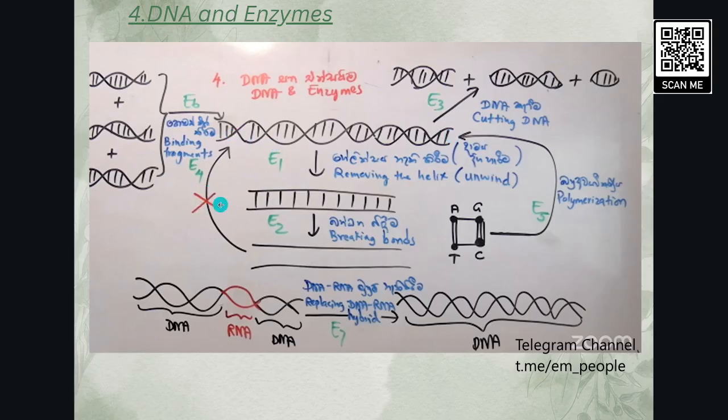We also use some enzymes. And then we know that DNA molecules are formed from polymerization of nitrogenous bases, right? For polymerization we also need enzymes. And sometimes we need to bind fragments. So we have smaller parts of DNA, and we need to bind them together and convert them into a larger DNA. So enzymes are involved here also.